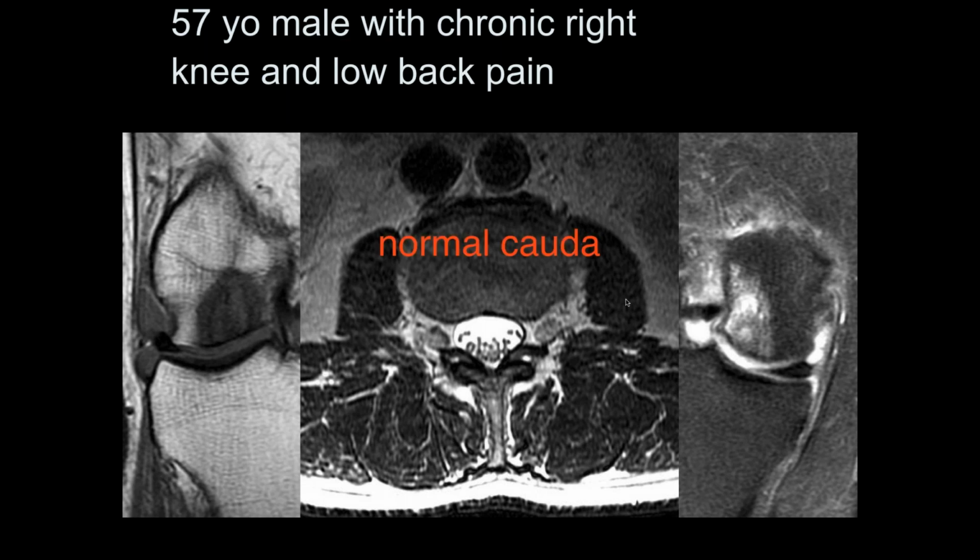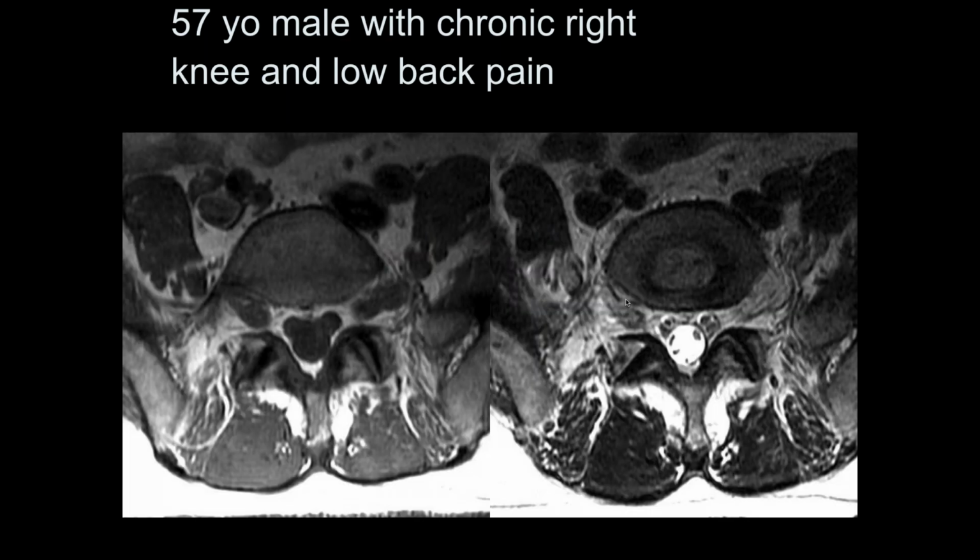I guess the nerve roots don't look too thick. Yeah, normal. Okay. But if we keep going farther down, we see this. It looks like masses associated with the exiting spinal nerve roots. Well, these are all thickened nerve roots.